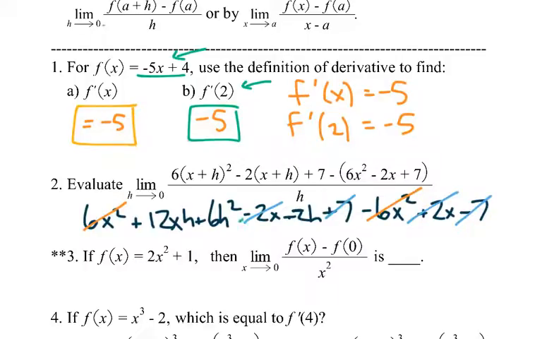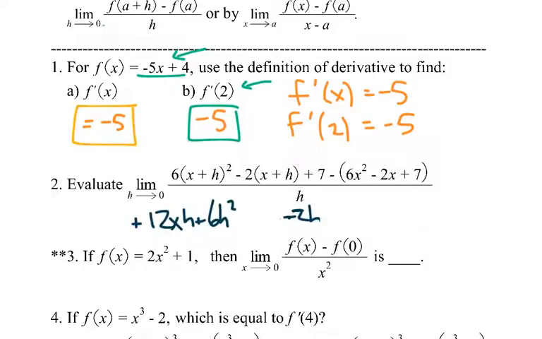I'll do that in another color. So all of these terms end up going away. And we are going to be left with, on the top, 12xh. Actually, I'll do it in order.